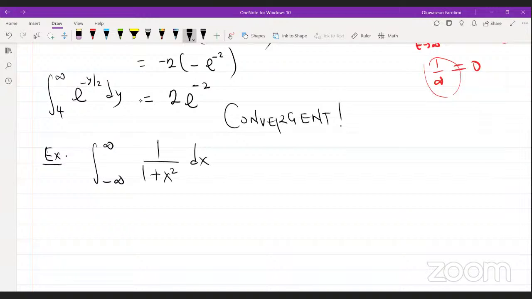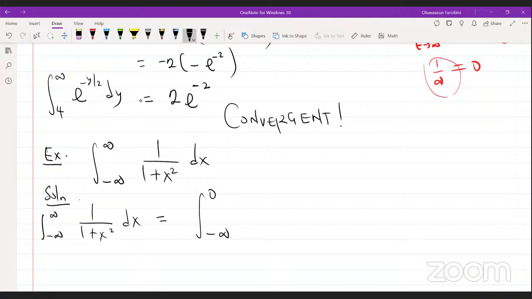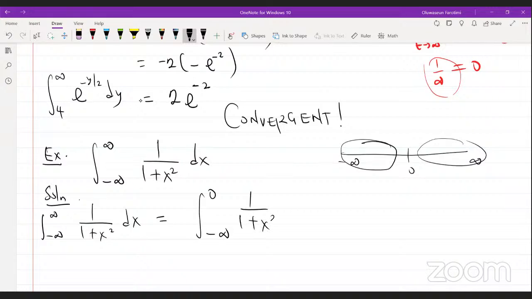Solution: the integral from negative infinity to infinity of 1 over 1 plus x squared dx. I want to break this guy up: think about this line, this is 0, this is negative infinity, this is infinity. So I break it up here: the integral from negative infinity to 0 of 1 over 1 plus x squared dx plus the integral from 0 to infinity of 1 over 1 plus x squared dx.